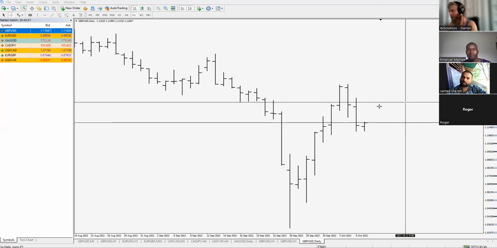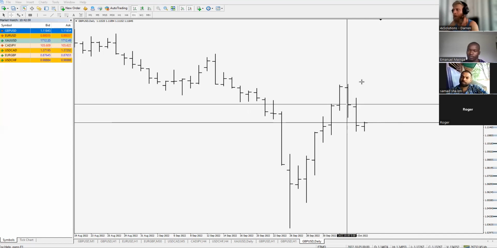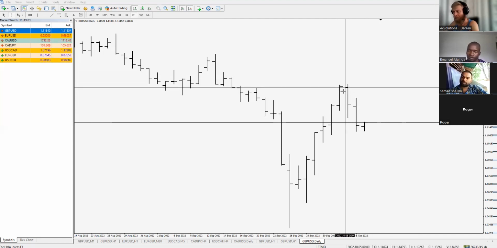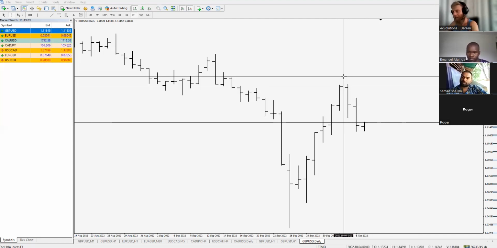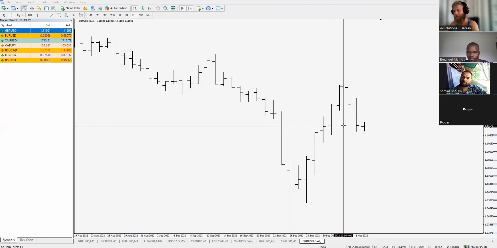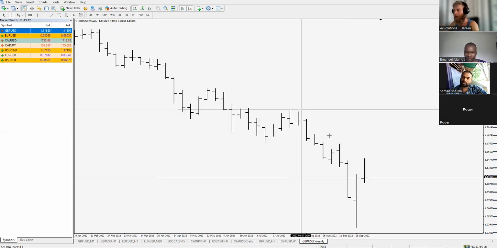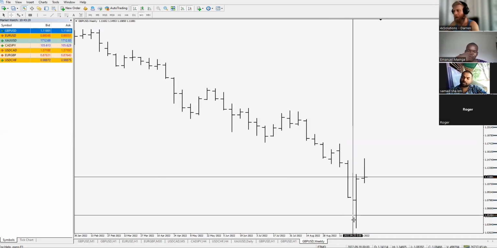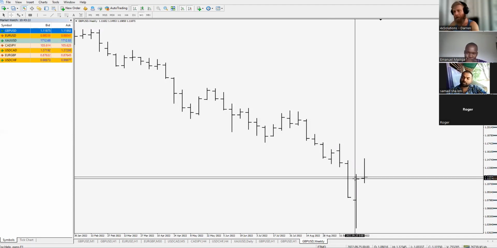So when we are bearish, price opens, makes a high, makes a low, and closes lower. And when we're bullish, it's opening, making a low, and closing higher. So it's the same thing on a weekly.